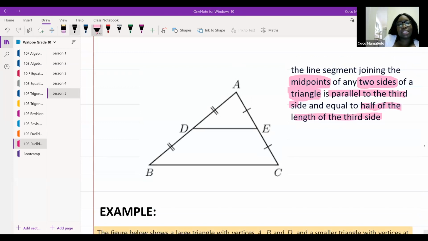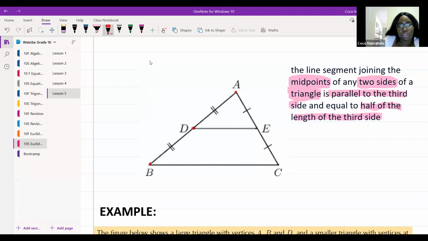If I have a triangle named ABC, and I decide I'm going to draw a line DE in between the two sides, I'm going to start this line at D, and I'm going to make sure that D cuts the line AB in half, right down the middle.